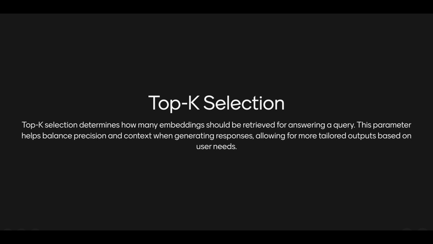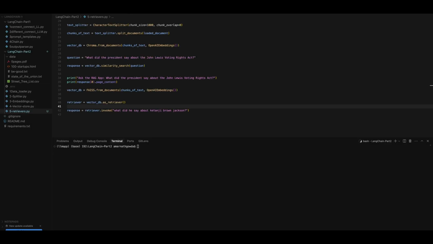Let's see the code example of that. As discussed earlier, everything will be the same for the k value, but the one change is in the retriever function. We'll mention search_kwargs with k equal to 1, so only one chunk will be retrieved.